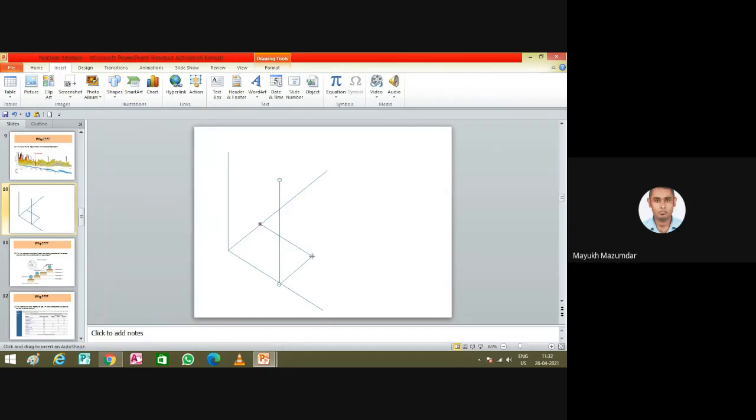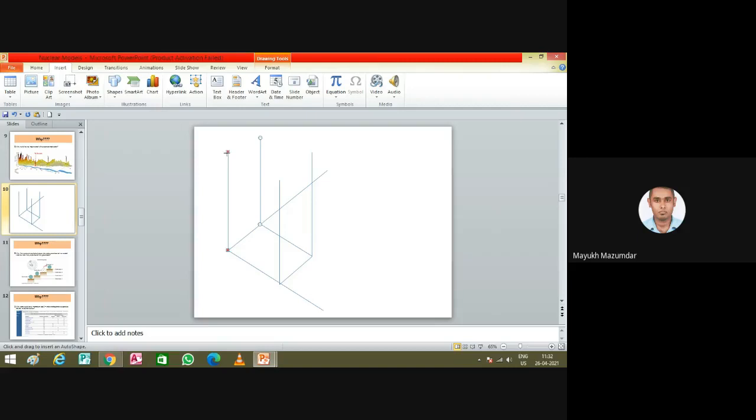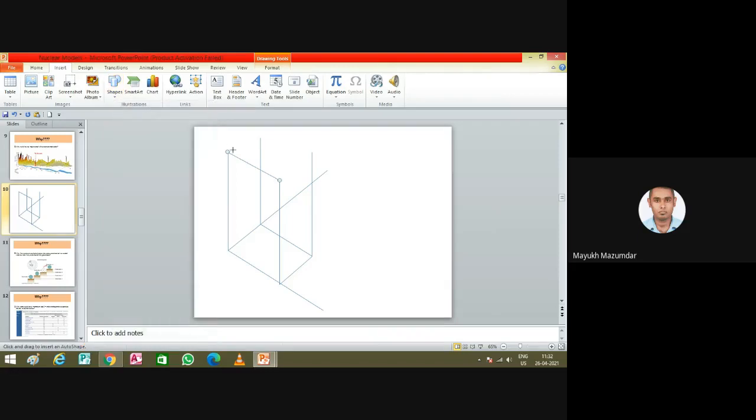I would be drawing perpendiculars like this, same thing that we used to draw for Cartesian coordinates. Whenever we want to show the coordinates, abscissa and ordinate, we just draw perpendiculars.